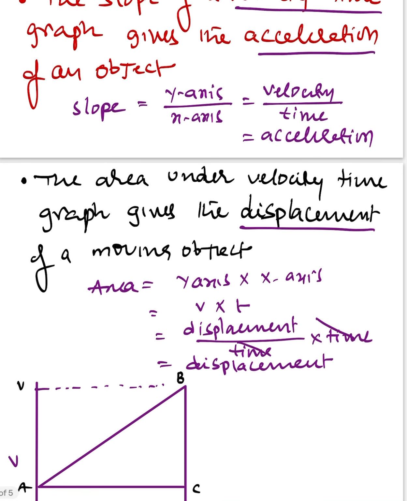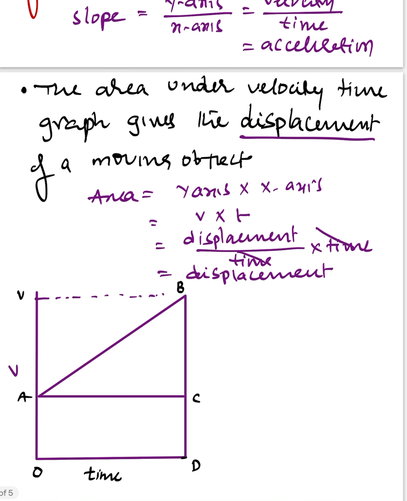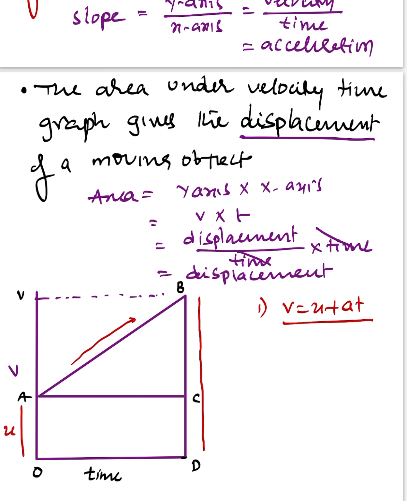Okay. So now we derive the first equation of motion, v equal to u plus at. From the velocity time graph you can observe OA is the initial velocity u, and at point A the velocity changes, it is accelerating, then the final velocity reaches here, V. This V is the final velocity.